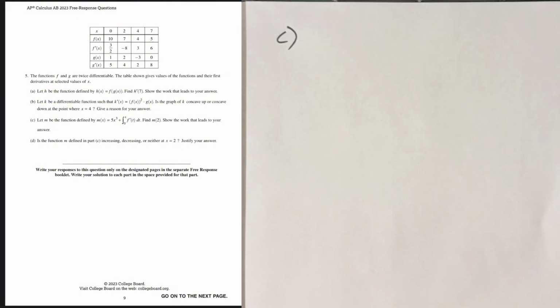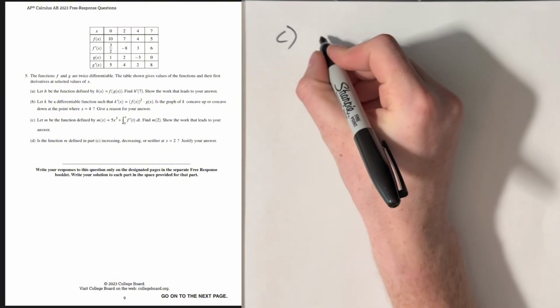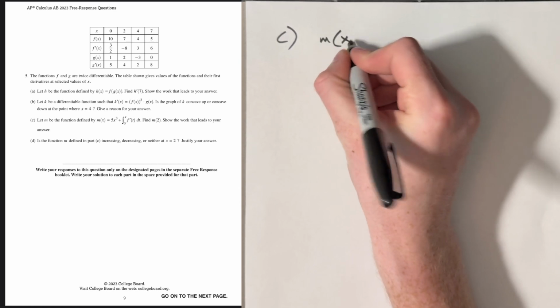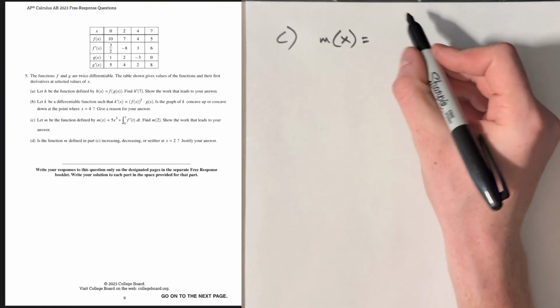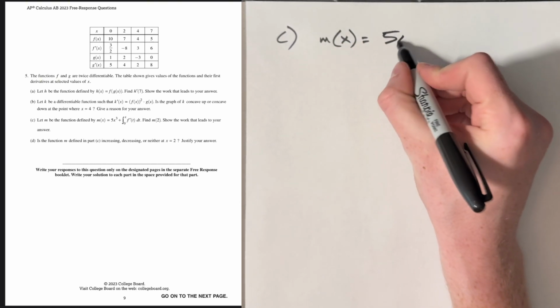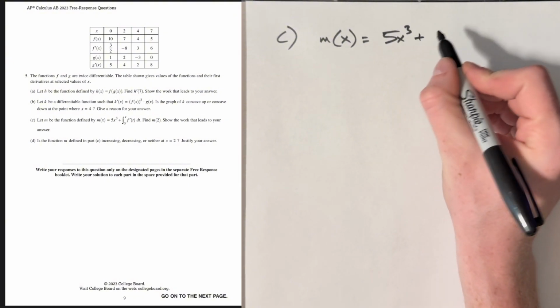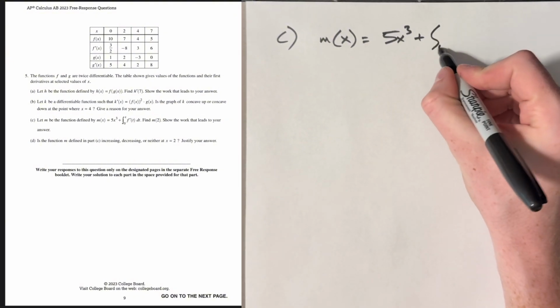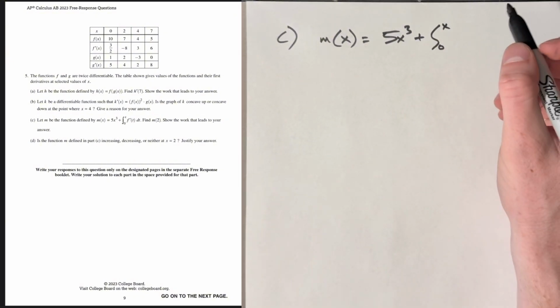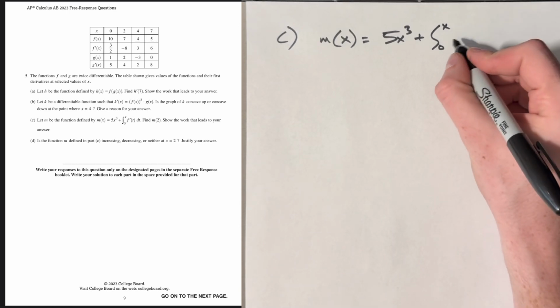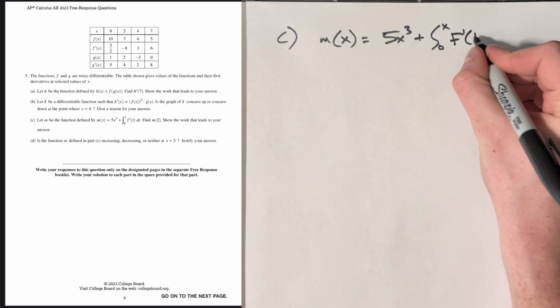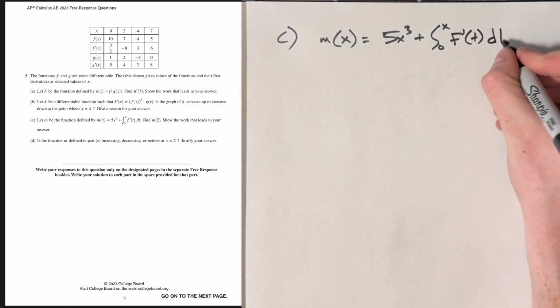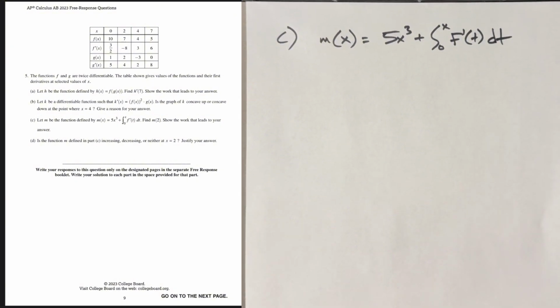Let's check it out. It says, let m be the function defined by m of x is equal to 5x cubed plus the integral from 0 to x, sorry I wrote that kind of small, of f prime of t dt.